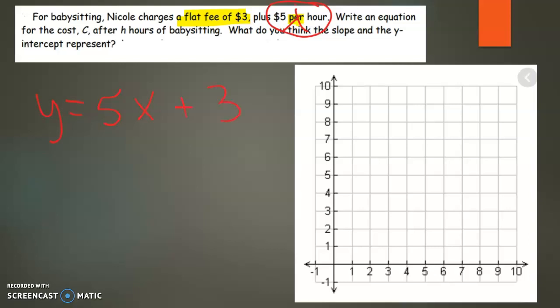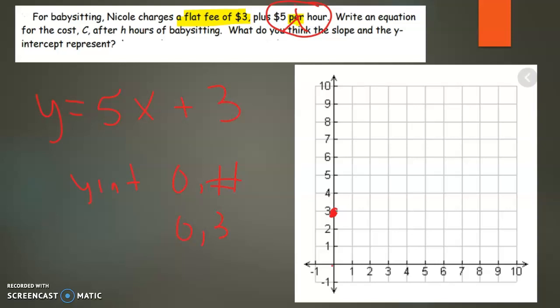Remember at the first slide it said the y-intercept, or the b, you could think of as the beginning. So I'm going to plot 3 because my y-intercept is always in the form of 0, comma, a number, and here it's 0, comma 3. So I start at the origin, go nothing over, and go up 3.